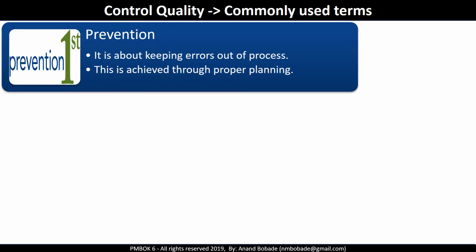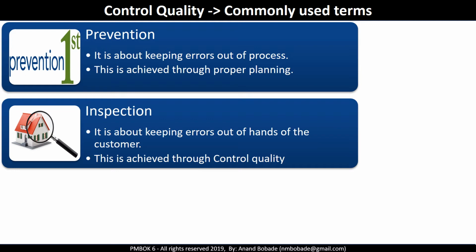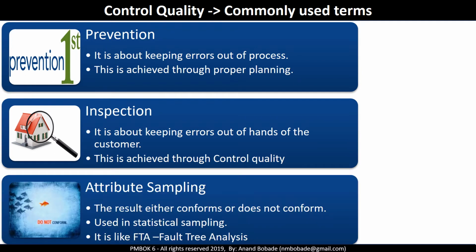Let's look at some of the commonly used terms. Prevention. It is about keeping errors out of the process. This is achieved through proper quality planning. Inspection. This is about keeping errors out of the hands of the customer, which is achieved through the control quality process. Attribute sampling.